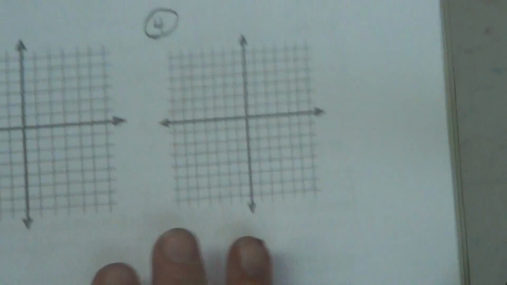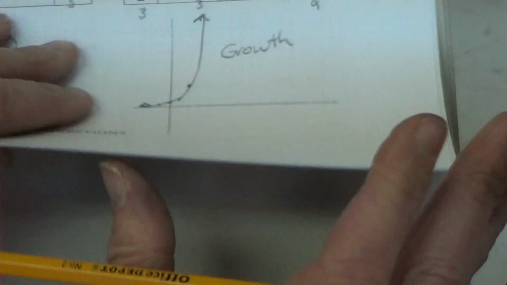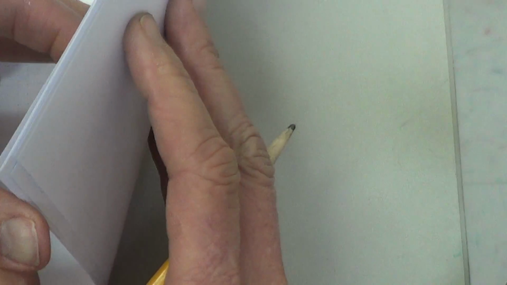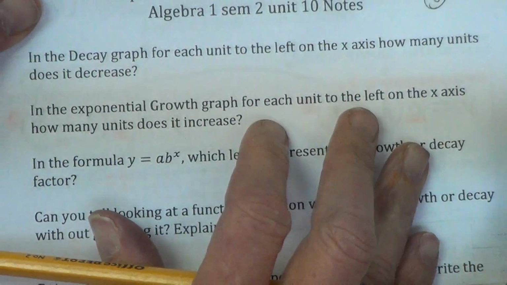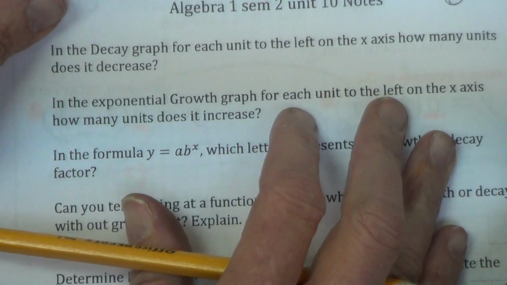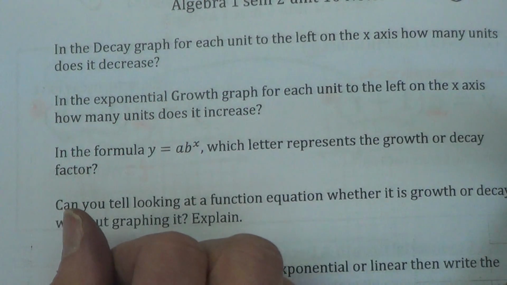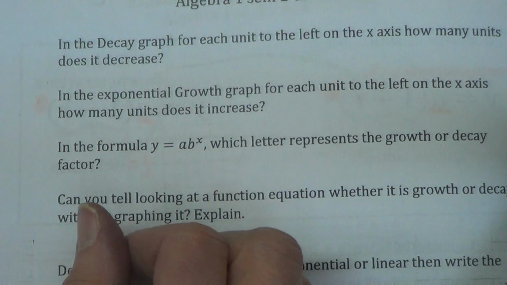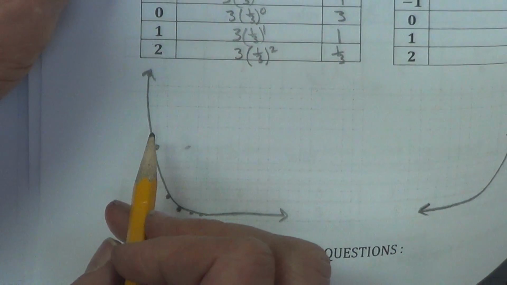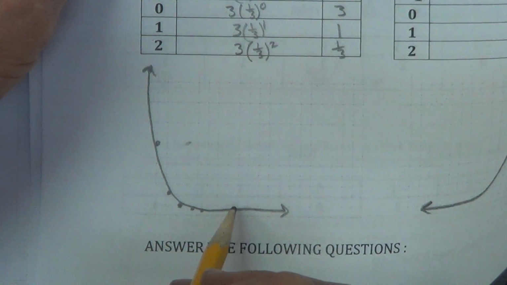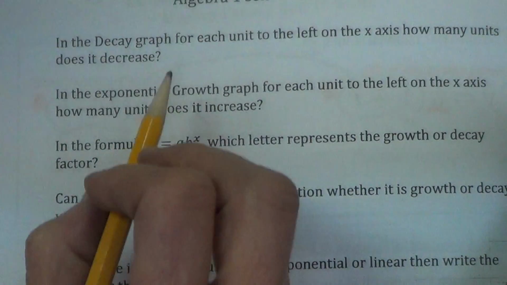Okay. Next page. Page 8. In the decay graph, for each unit to the left of the axis, how many units does it decrease? Okay, so if we look at our decay graph from the page before, they're asking how many units does it decrease as it's coming across here?